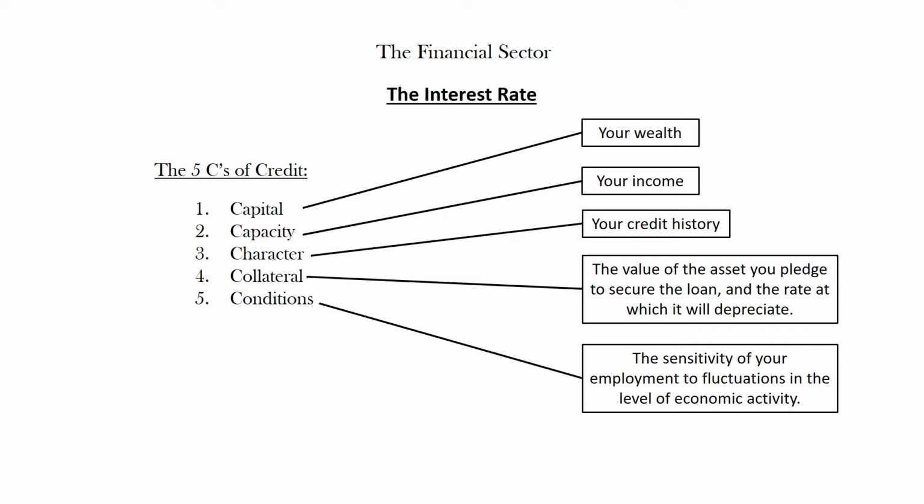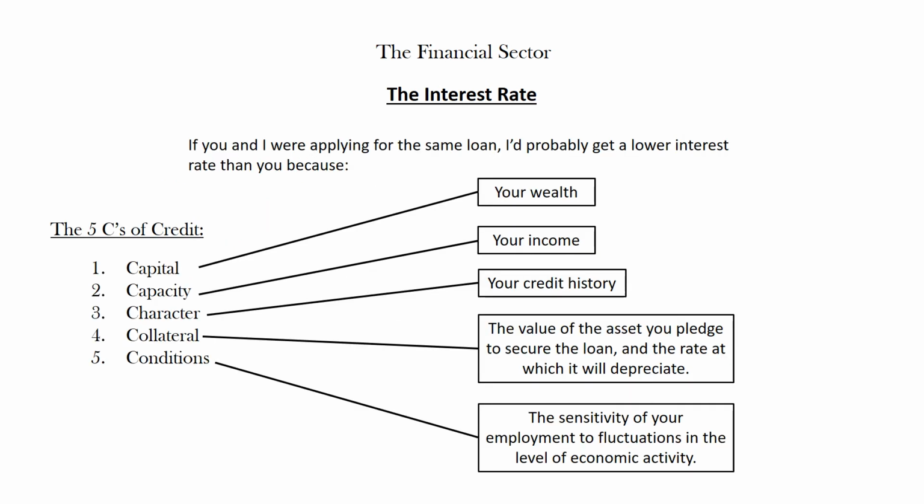A worker who received a regular salary, for example, say from the government, would be perceived as having a reliable and stable income. However, a salesman who earns his income through commission would be much more sensitive to fluctuations in the economy and the level of total spending, and would therefore be perceived as more risky.